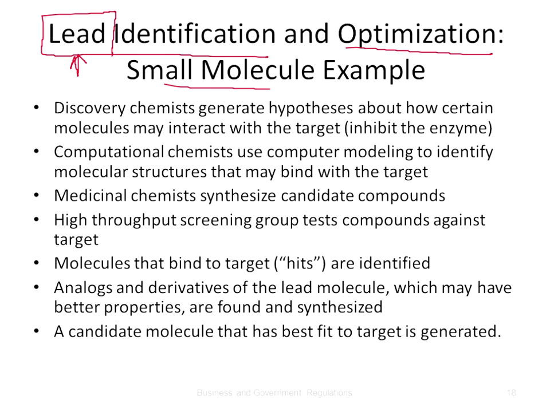So once you have identified a target, discovery chemists will generate hypotheses about how some molecules may interact with the target. For example, if you know the target is an enzyme, it might be a protein. Enzyme is a protein, right? And it has a certain three-dimensional structure. So they say, oh, this is an interesting area right here.